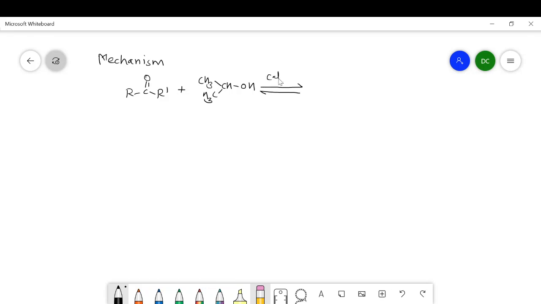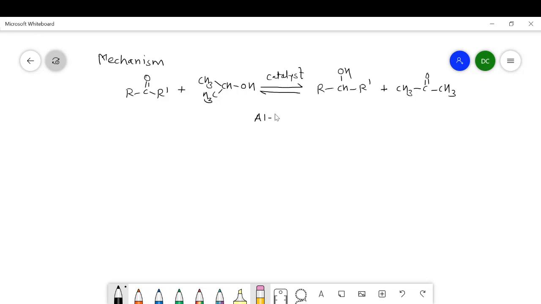Here there is a catalyst, and we get RCHOHR dash plus acetone. This is the general reaction. Here the catalyst is aluminum isopropoxide, and we haven't gone through the structure of aluminum isopropoxide yet.